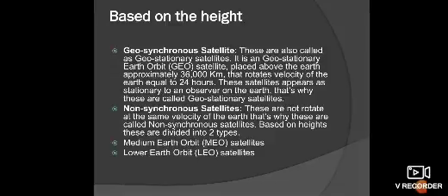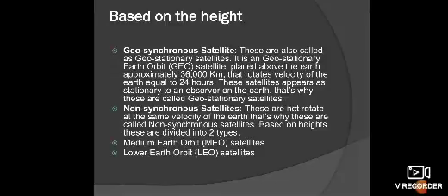That means the rotation of the earth is 24 hours, and at the same time the satellite also rotates once in 24 hours. Since both are the same, the satellite appears as a stationary object to an observer placed on the earth. That is why it is called a geostationary satellite. Geo means a stationary earth orbit. That is called a geosynchronous satellite.